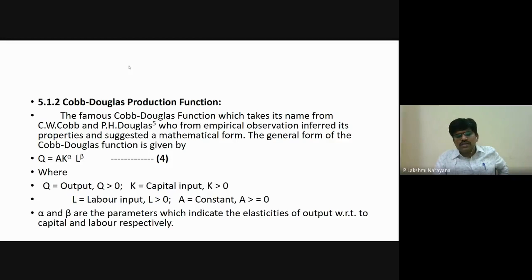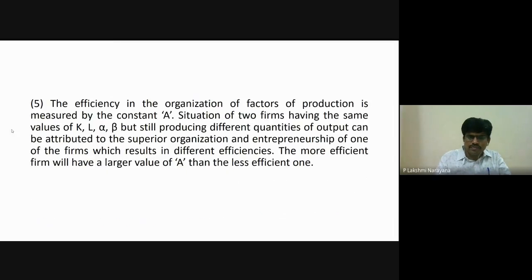What is the Cobb-Douglas function? Q = A K^alpha L^beta, where Q is output, Q is always greater than 0. K is capital input, K is also always greater than 0. L is labor input, L is always greater than 0.